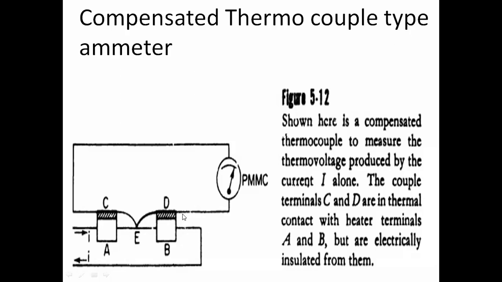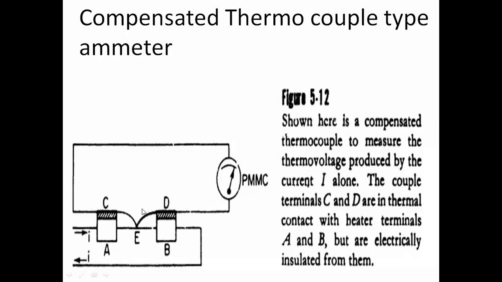So when equal temperatures are there, the produced voltage is the same. If there is any difference in the temperature, then voltage will be produced. But these points are also attached at the same temperature.